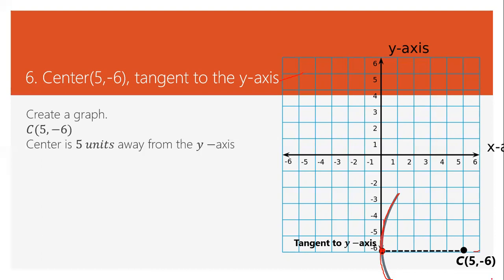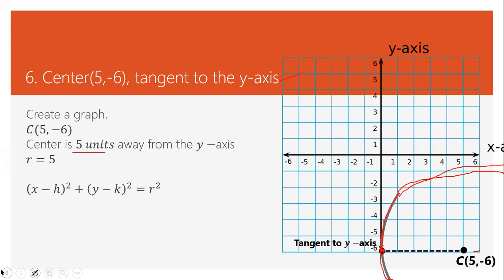So from that, we will count 1, 2, 3, 4, 5. So our radius is equal to 5. So imagine this one as a bigger circle. So r is equal to 5.